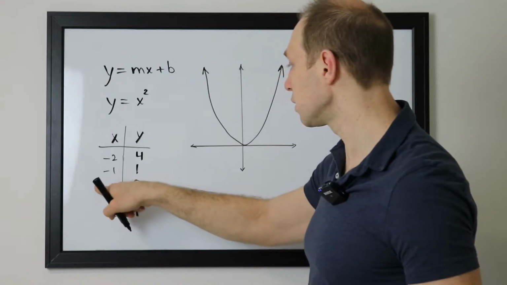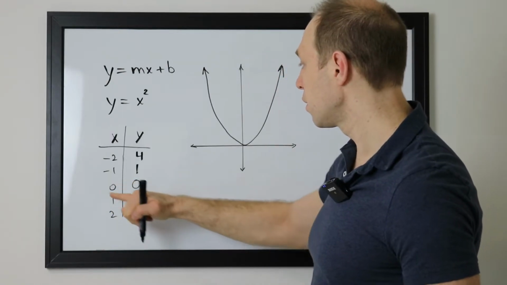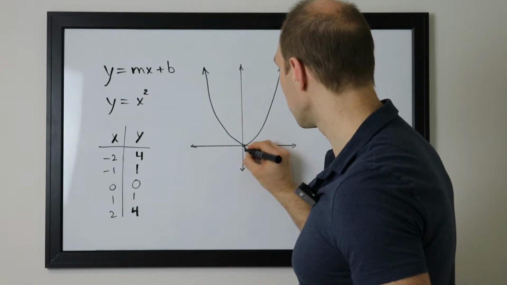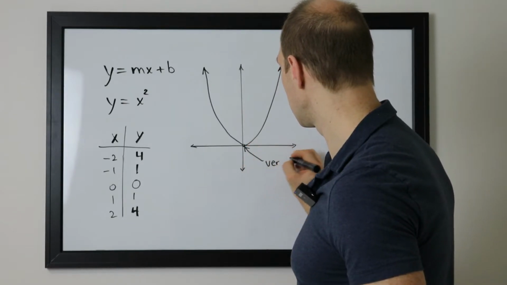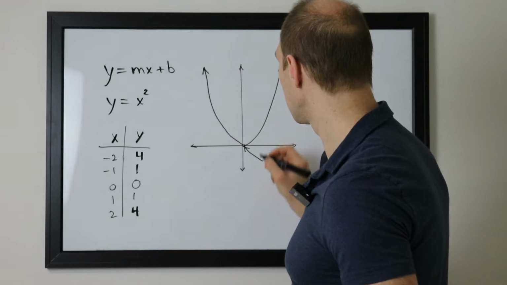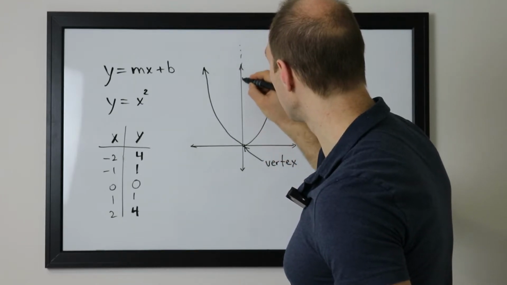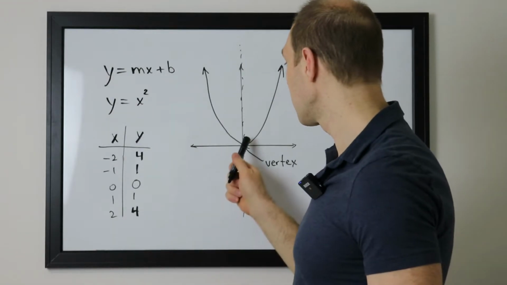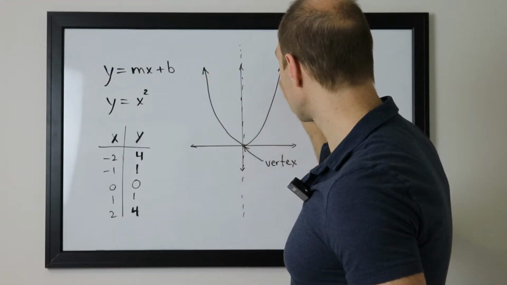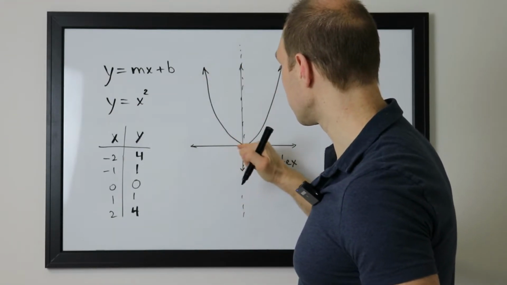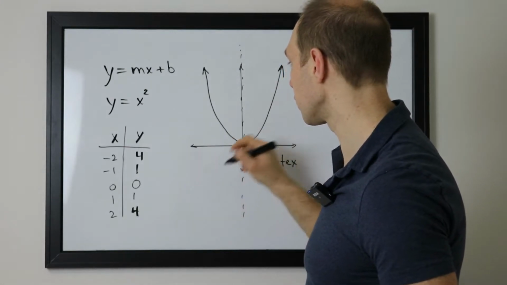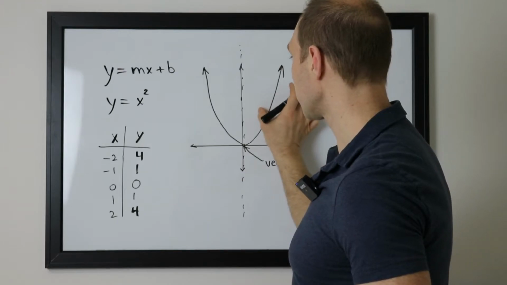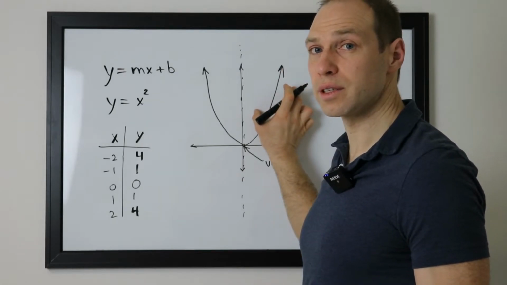And so we can see that a parabola will have 0 as its vertex, and it's also along the line that's called the axis of symmetry. And when it changes its course, you can see that it doesn't drop below the line, but reflects in a very similar manner to what you had on the positive side.